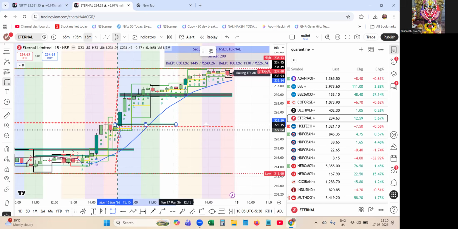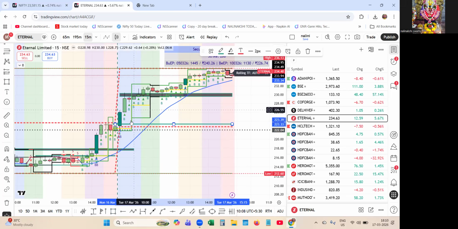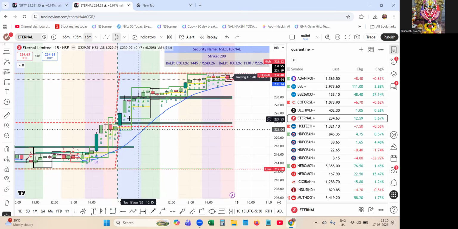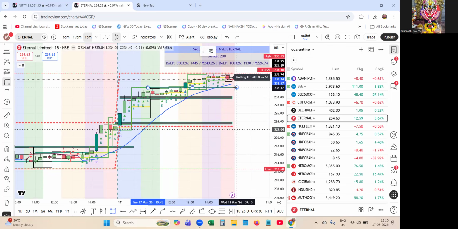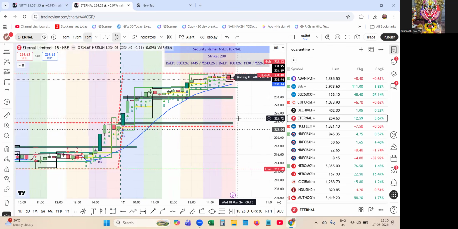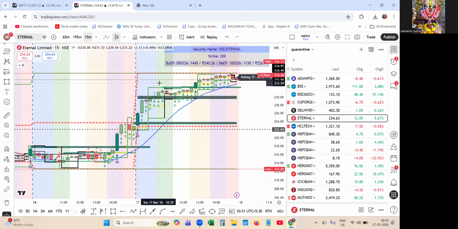It's the same thing like MCX, the same pattern you can see on this Eternal. It traded towards the high in the first hour, then second hour, third hour consolidation and broke above this level. So already it had shown the momentum, the range was minimal. So you can keep it for BTST, you can hold the stocks for BTST also.